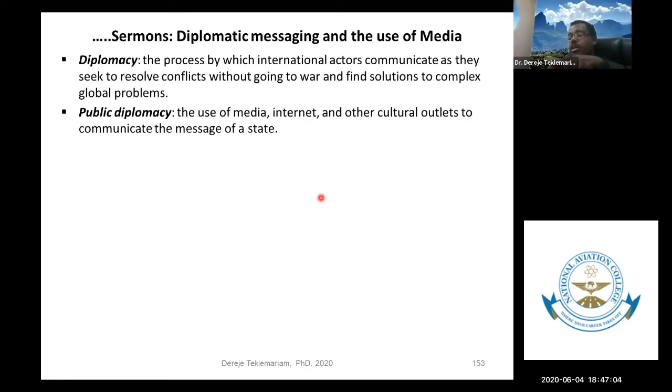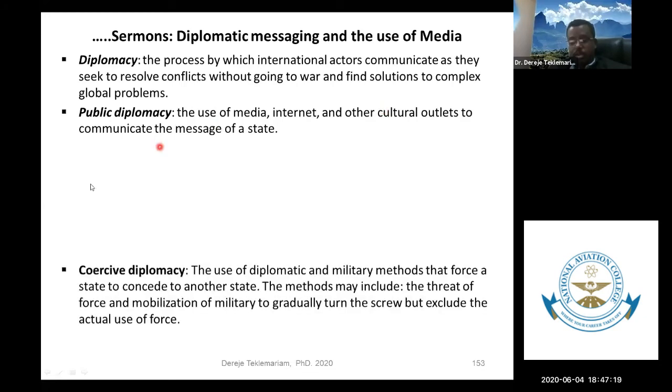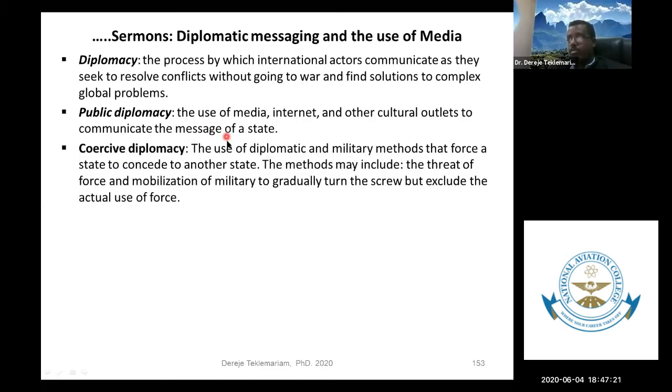One important feature of diplomacy is public diplomacy. When we say public diplomacy, it means the use of media, internet, and other cultural outlets to communicate the message to the state. And there is also coercive diplomacy, the use of diplomatic and military methods together. You can use them so that you can force the state to accept the proposal of the other powerful state.